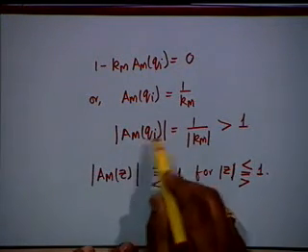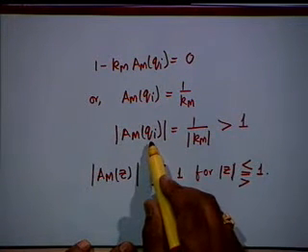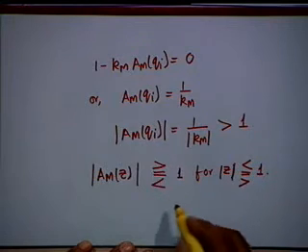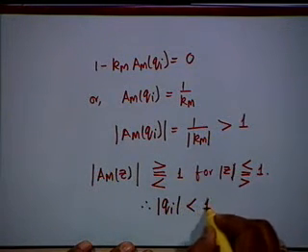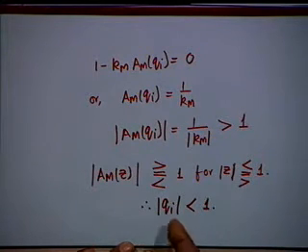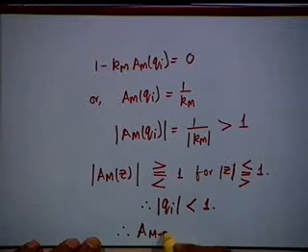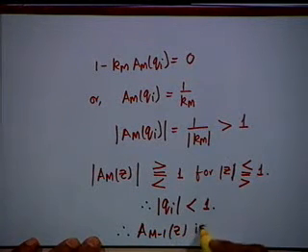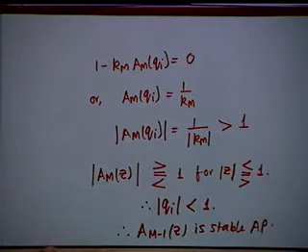So, if the magnitude of A_m(q_i) is greater than 1, then q_i must be less than 1. Therefore, magnitude of q_i is less than 1. What are the q_i's? Poles of A_{m-1}(z), and therefore, A_{m-1}(z) is stable all pass. Okay?